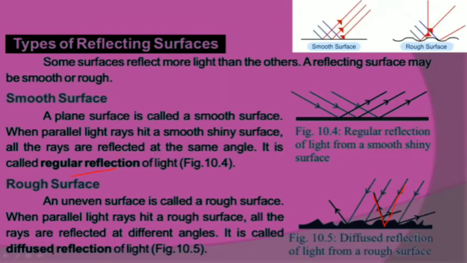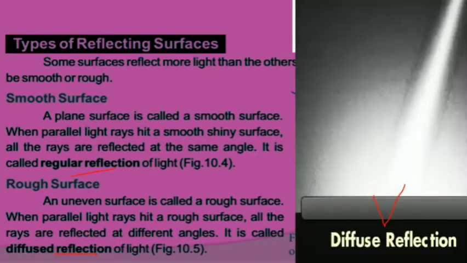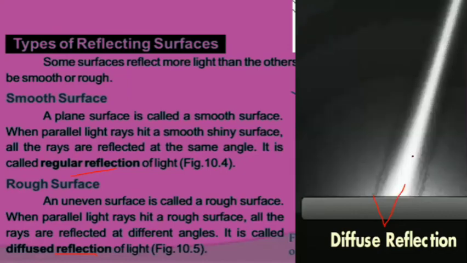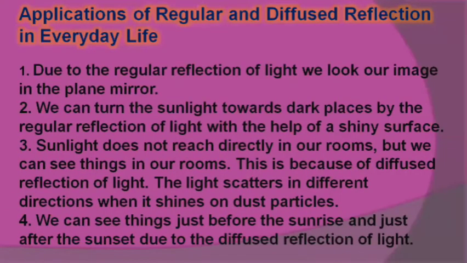That is called diffused reflection of light, and we can see this in our daily life in many ways. Here the light is spreading a lot in different directions. This is called diffused reflection.